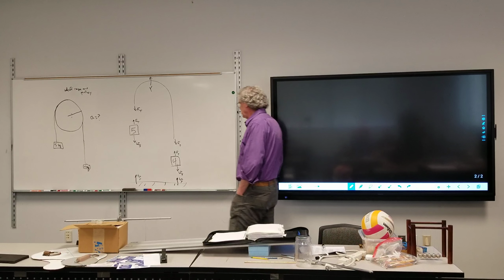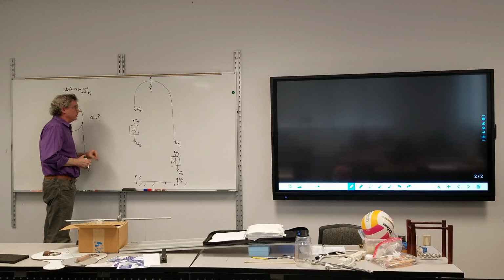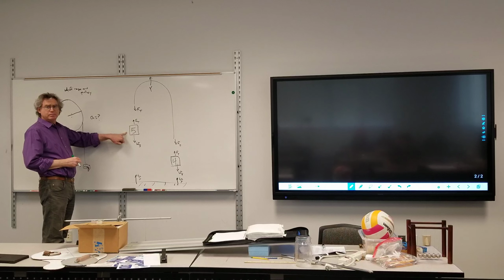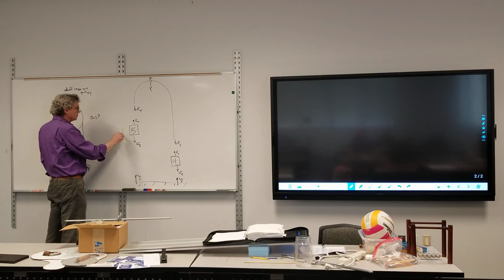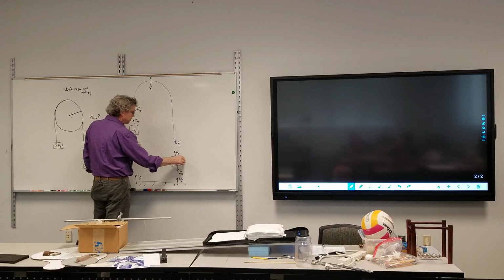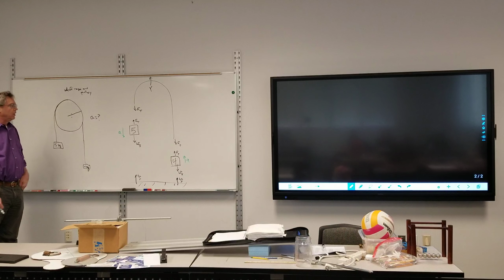Equations of motion, or, let's do it right. In which direction will the 5 kilogram mass move or accelerate? Down. And the 4? Up, I would hope so. Coordinate system, or coordinate axes.